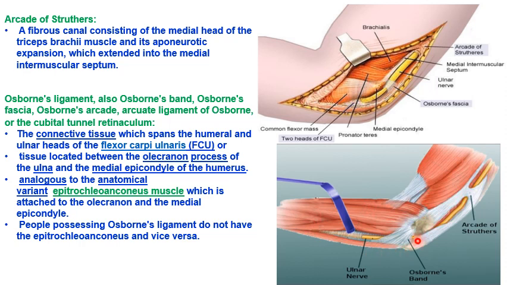So this is the area where the fibroaponeurotic fascia connecting the two heads of the flexor carpi ulnaris, underneath which the ulnar nerve traverses, forms the cubital tunnel and has every possibility of compressing the ulnar nerve beneath this Osborne's band or ligament.